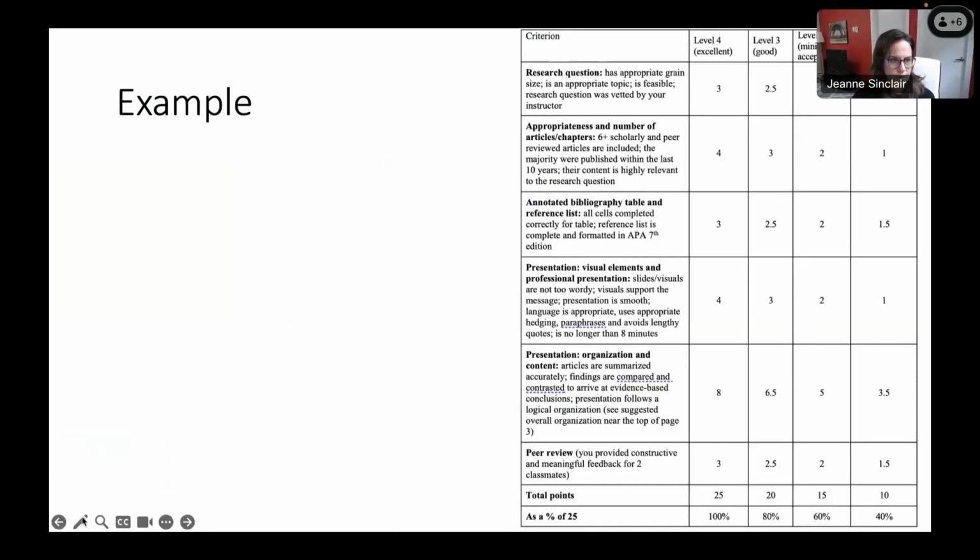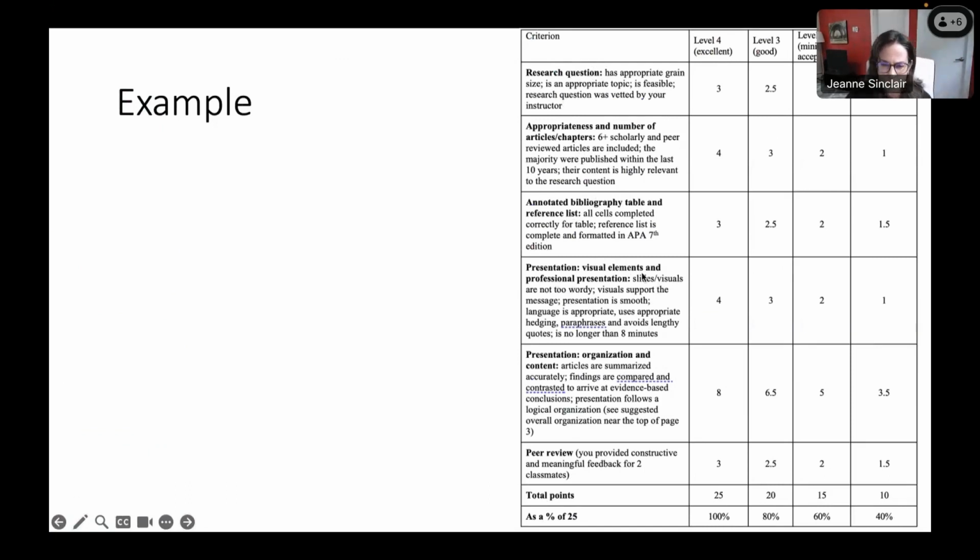Let me make it a little bigger for you here. These are the criteria or categories on the left-hand side. Most of it has to do with the content. The research question itself: was it feasible and appropriate? Did they have the right number of pieces of literature that they reviewed? They also created an annotated bibliography. Was it done correctly?